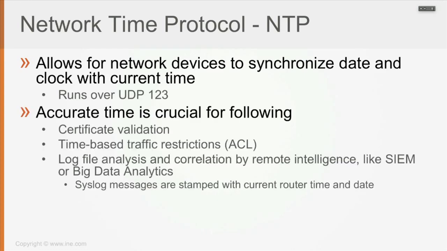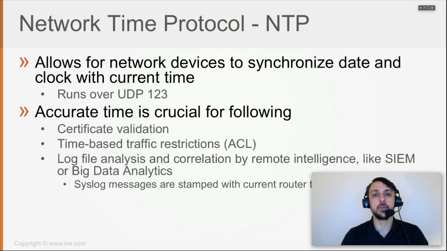Now, why do organizations implement NTP in the network? Because the time on the router or on the network device in general is crucial for certificate validation, for example. So like if that router is gonna do any kind of certificate validation, like for IPsec VPNs, SSL VPNs, pretty much I would state those are the use cases.